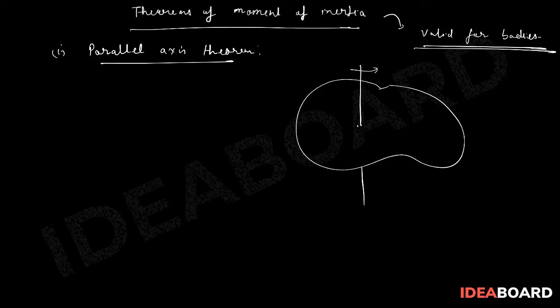Okay, this is the center of mass of this body. So basically I can say this axis will have ICM, moment of inertia of the body about its center of mass.